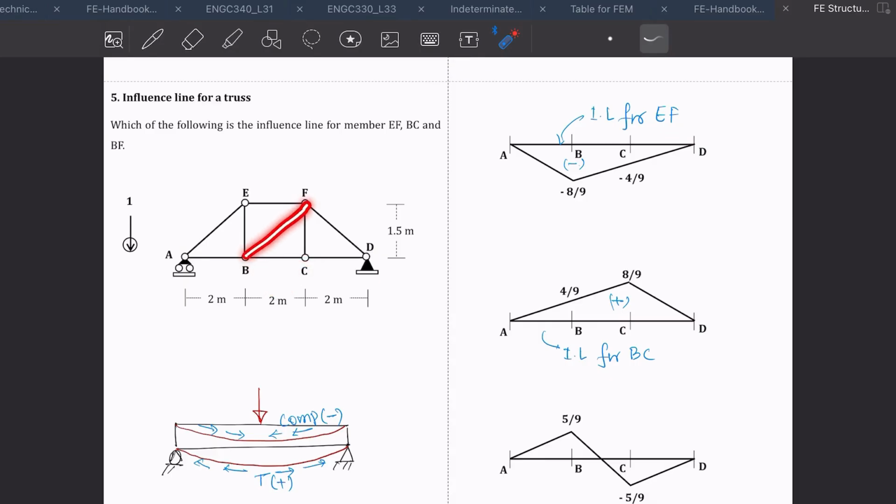And what about the diagonal part? The diagonal part depends on how the load is moving. As the load is moving close to B, this will be in tension, and then as it leaves the joint B, it will be in compression. So at the leave it's being compressed, and as it moves, it's applying a tension field. So this will be your influence line for BF.